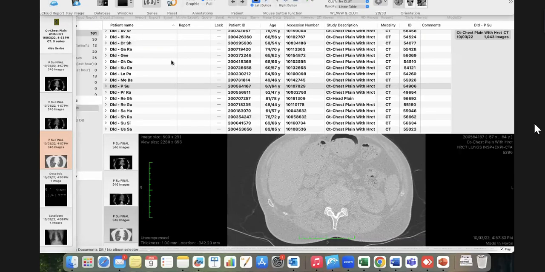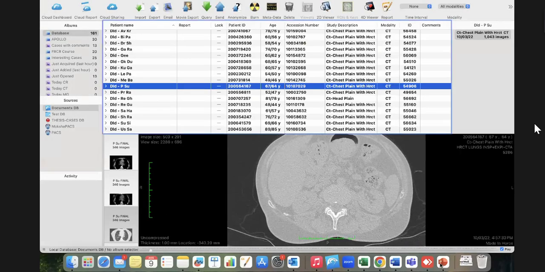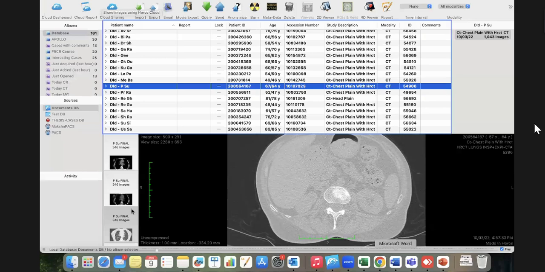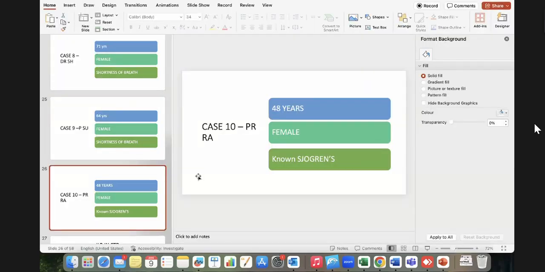One different case I need to show you is this 48-year-old lady, known Sjogren syndrome, which makes my life so much easier once the history is known.